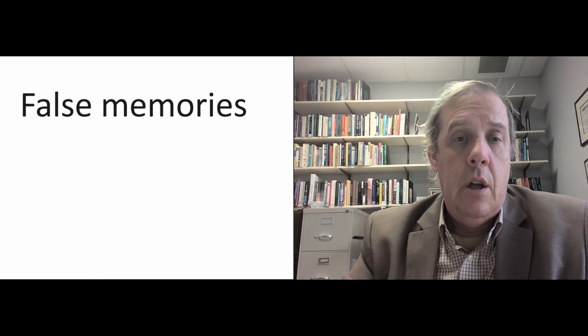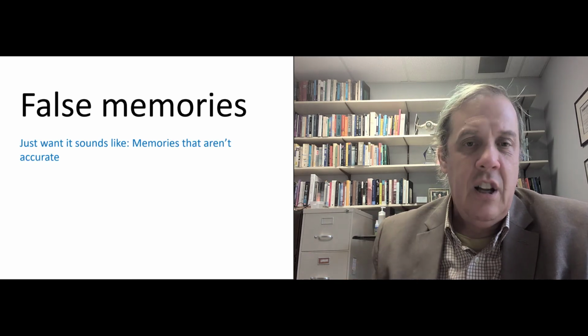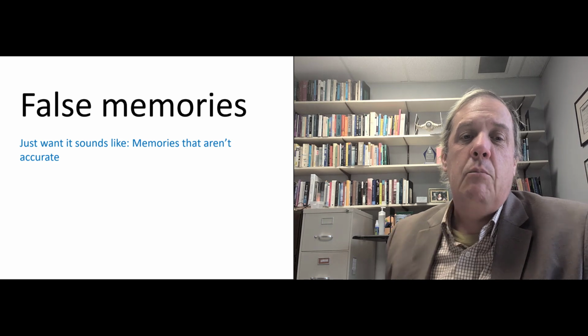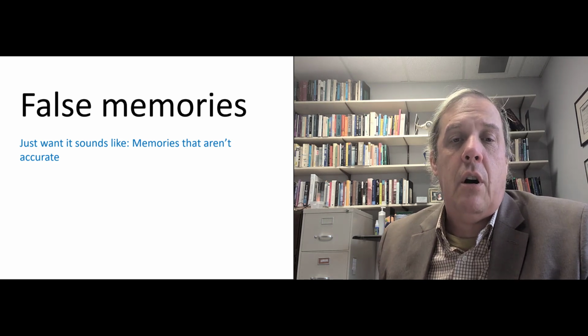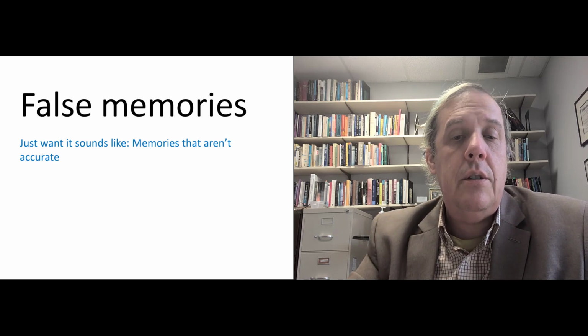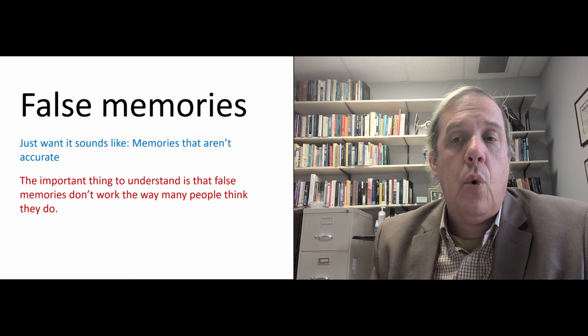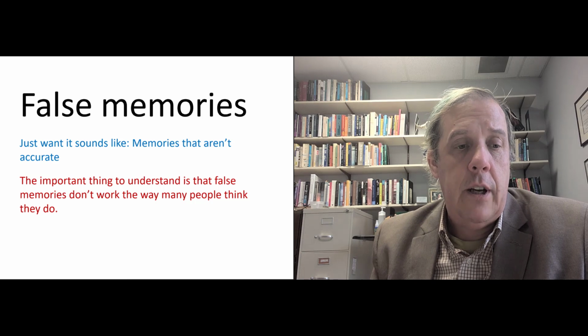All right. False memories. First term from the review sheet for this section. It's not that complicated. False memories are just memories that aren't accurate, right? Makes sense. The important thing to see here is that false memories don't work the way we think they do, right?